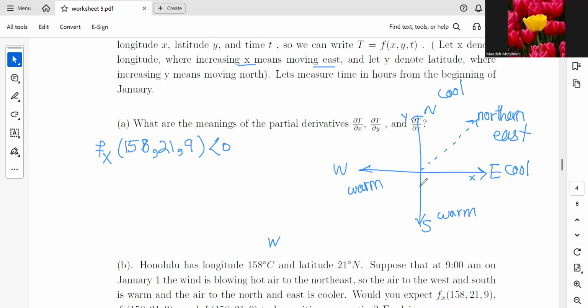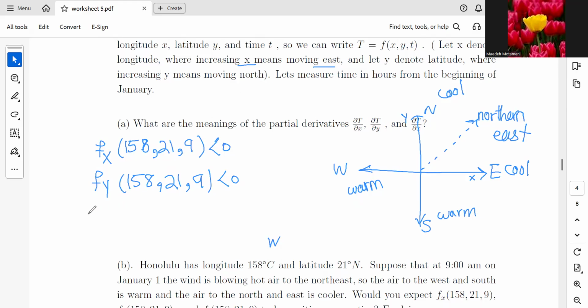So what about moving north, which is the first derivative with respect to y of the same point? With the same idea, that would be negative because we're starting from a warm place and ending at a cooler place.